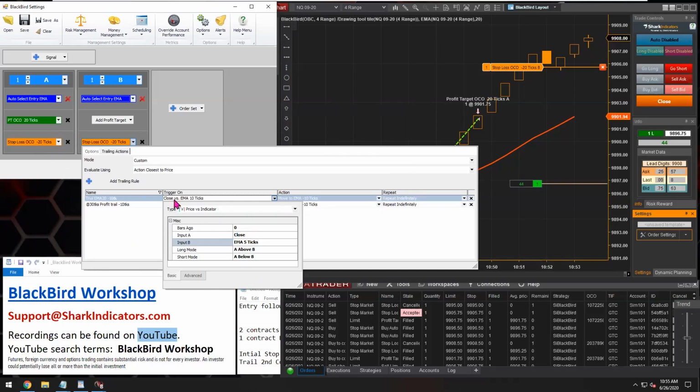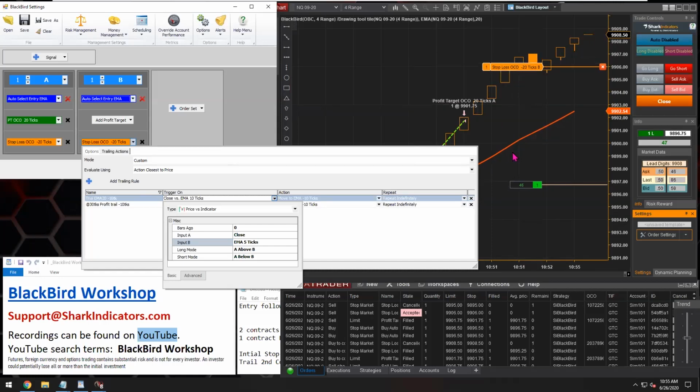But again, this trigger condition is only necessary when price is on the wrong side of the EMA, right? That's exactly what this condition is for, to mitigate that problem.